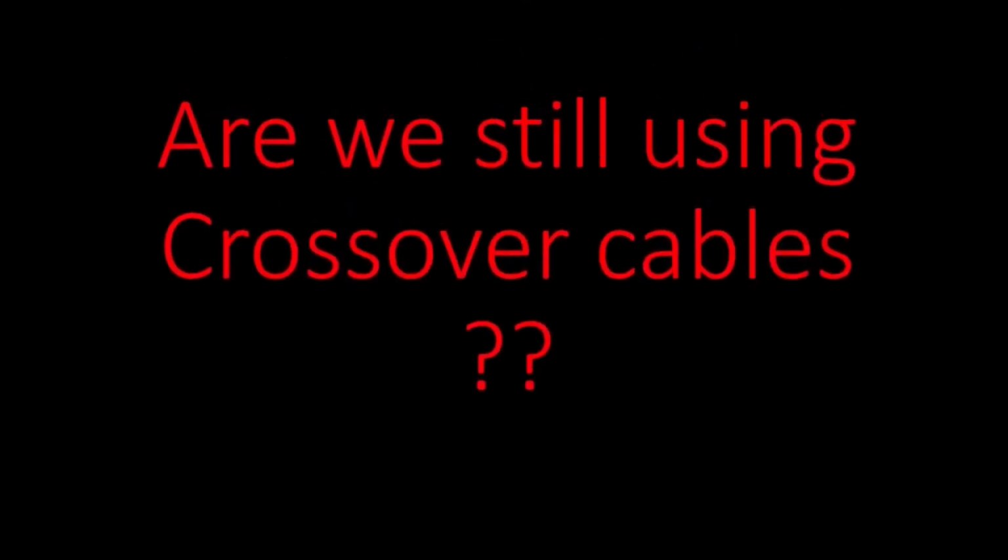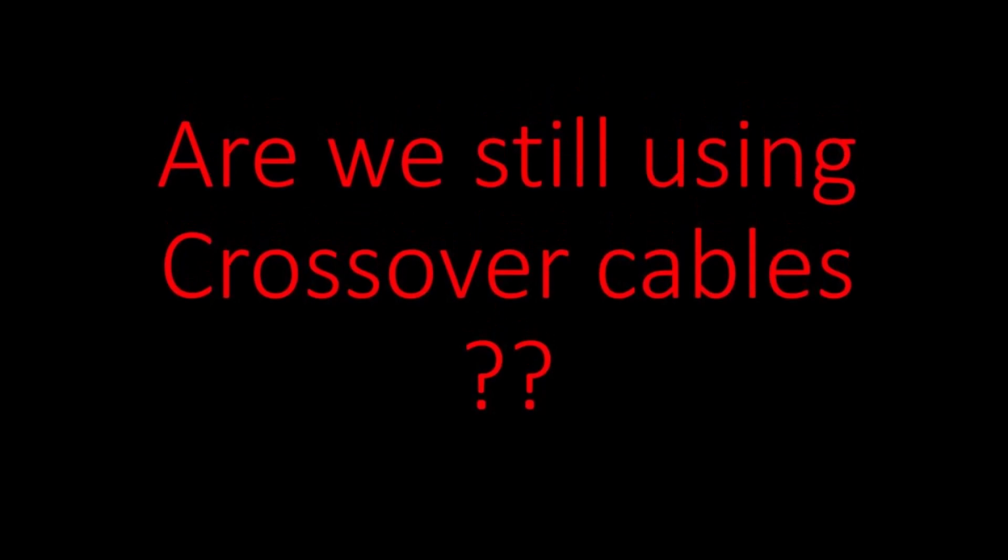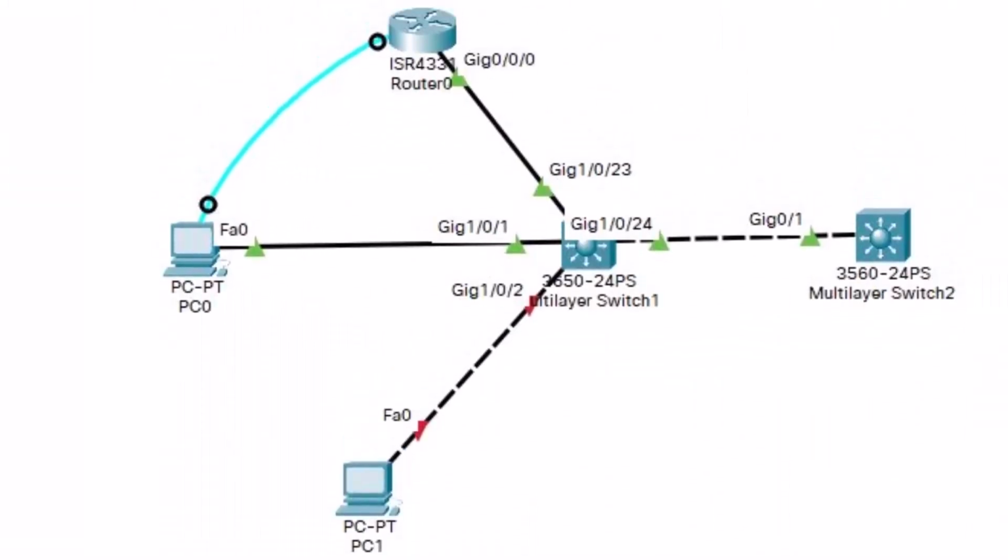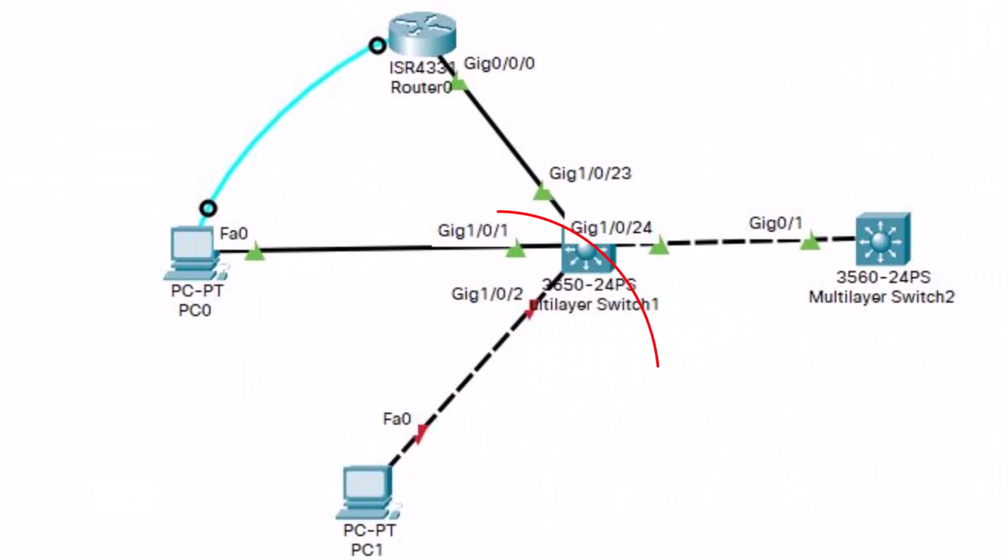But are we still using crossover cables? Most of you are not hearing much about crossover cable nowadays, because the latest Cisco switches can detect the cable type and the device type and configure the port accordingly, so the connections are made without any problem.